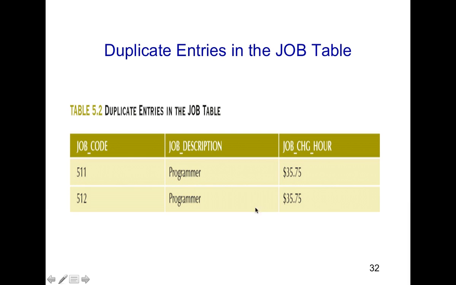This is third normal form, but it's not BCNF because you have multiple determinants. If you just had one job code with a charge per hour or job description, and these are not the same, you'd have better consistency when you look at how much a programmer makes.